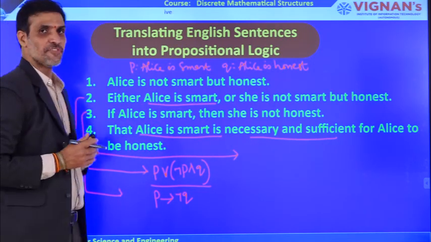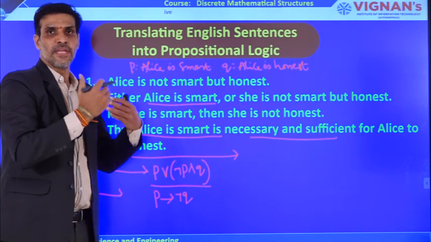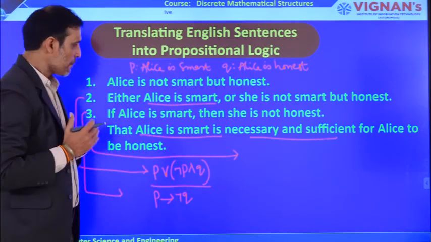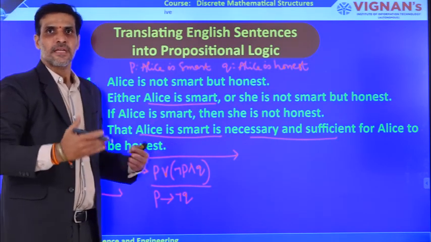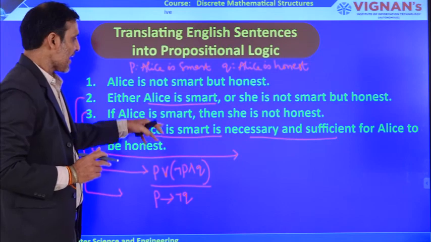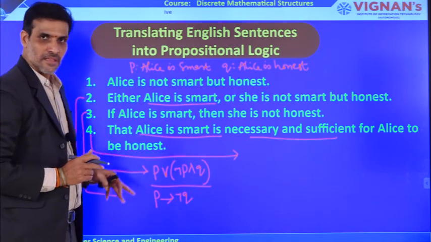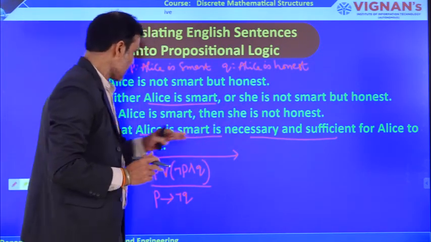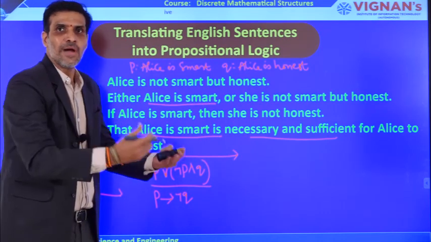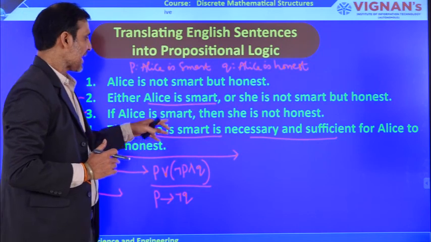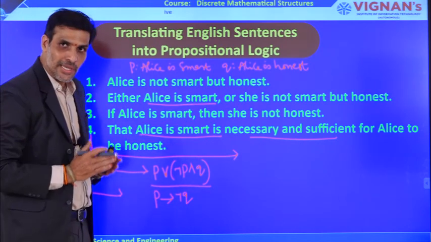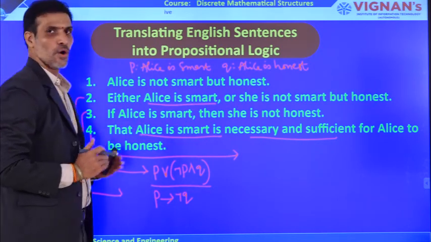So necessary and sufficient means if and only if, which means the same statement can also be written in another form. If Alice is smart, then Alice is honest, and vice versa. If and only if, that means Alice is smart if and only if Alice is honest.